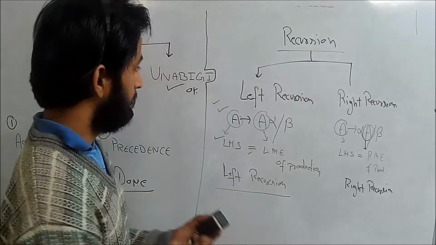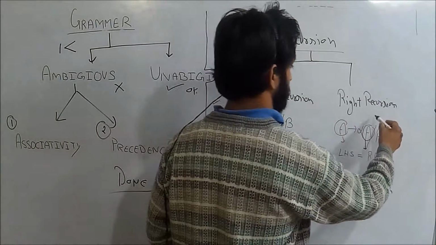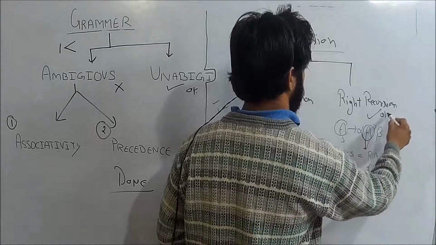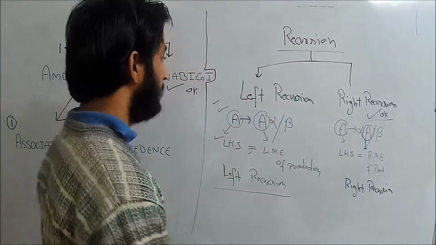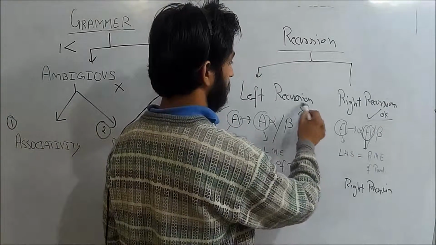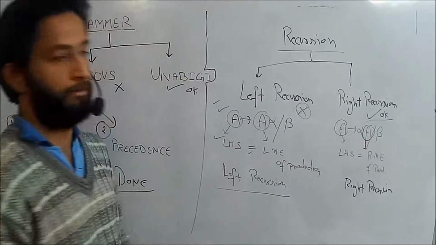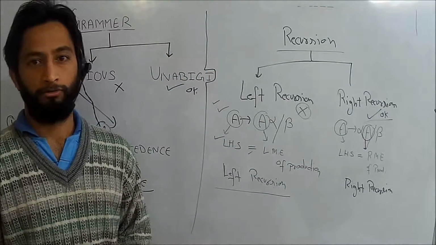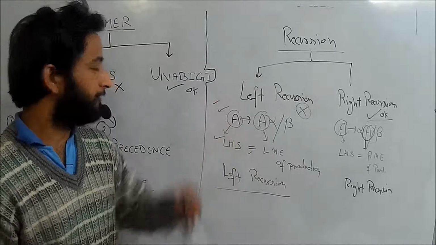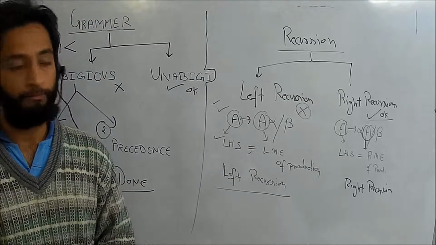If it is right recursion, it is okay, not an issue. If it is left recursion, then the top down parser will fail on that. So if I face left recursion in a grammar, then we have to resolve it.